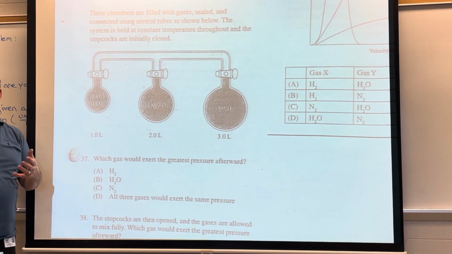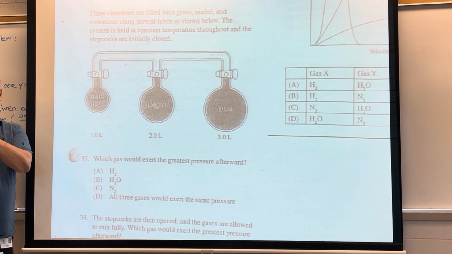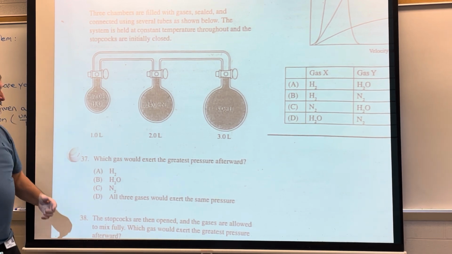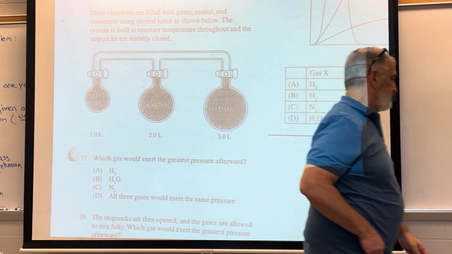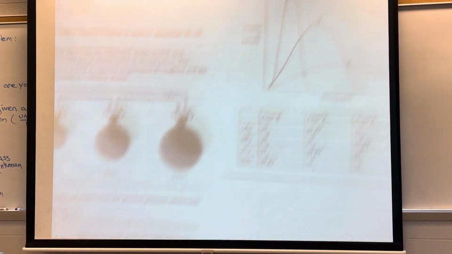Remember, P equals molarity times RT. So if the gases are mixed, it would be the one you had the most moles of, which would be the hydrogen gas.